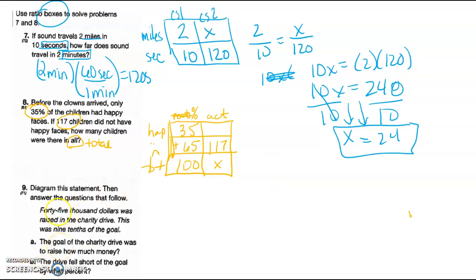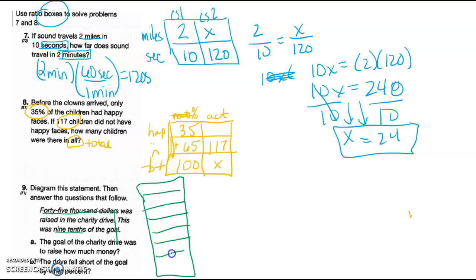Okay. Diagram this statement. $45,000 was raised in a charity drive. This was 9/10 of the goal. So the first thing I'm going to do is draw 10 boxes. 1, 2, 3, 4, 5, 6, 7, 8, 9, 10.